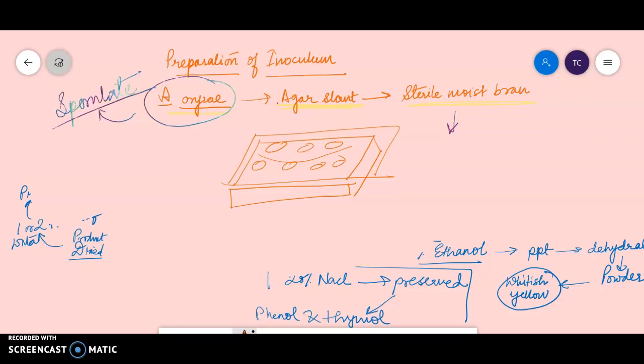So once you lay down the moist bran, once you add the microorganism, you keep a cloth. And what will happen to this cloth? This particular cloth will basically absorb moisture and prevent contamination.